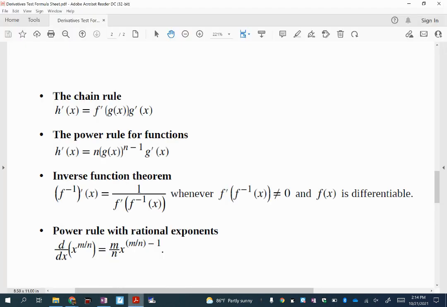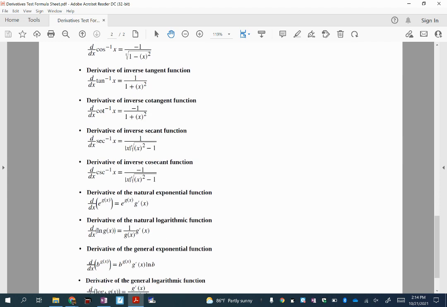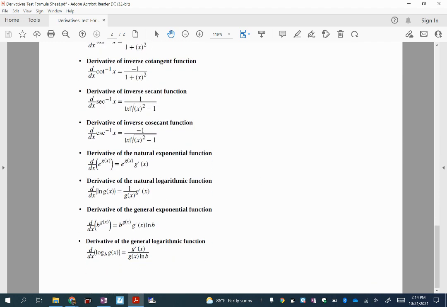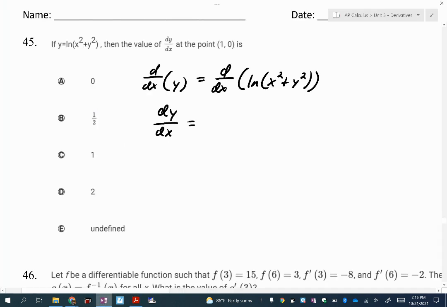Let me go to my formula sheet. We're using the natural log function derivative, which is right here. It says the derivative of the natural log of your function is 1 over your function times the derivative of that function. So 1 over our argument, which is x squared plus y squared, times the derivative of that inside, which is going to be 2x plus 2y dy dx.